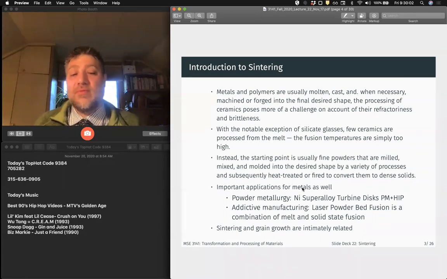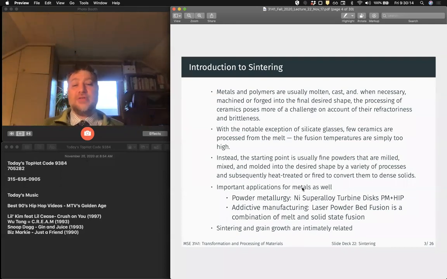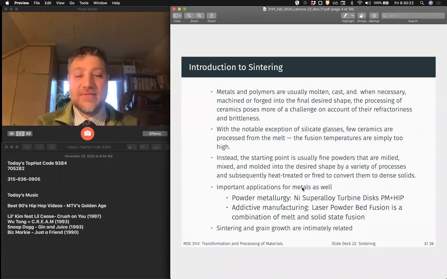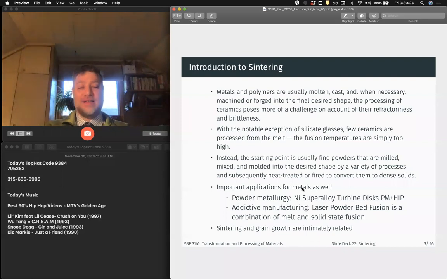And so there's really important applications for metals, right? So powder metallurgy, that nickel superalloy turbine discs are formed by a powder metallurgy route where you mix powders into a form and then it's hipped by hot isostatic pressing. Additive manufacturing, not addictive manufacturing.